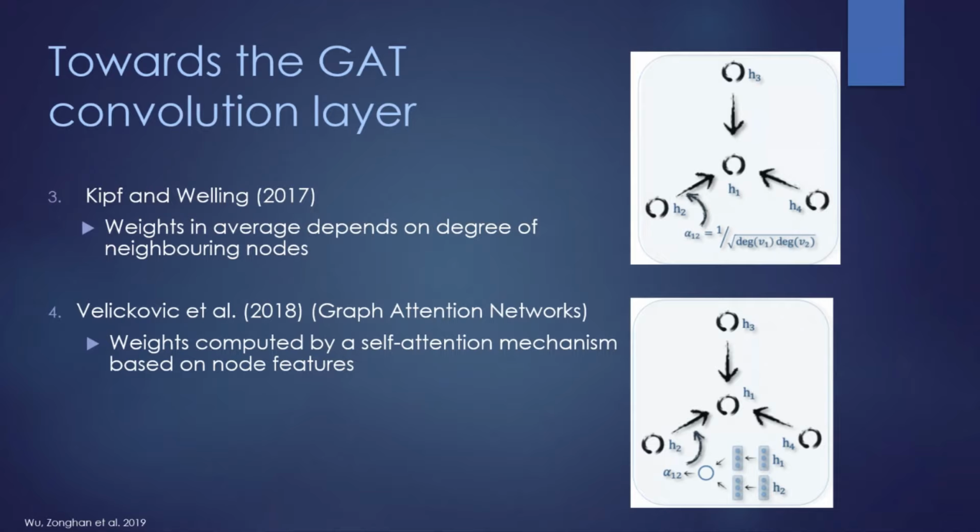Once again, you take the neighboring node vectors, look at them, and compute some metric out of them that tells you which weight to use in an averaging operation. We'll now go into detail on how this works.